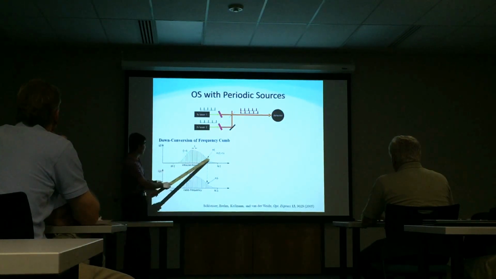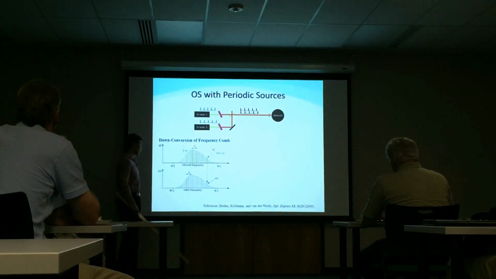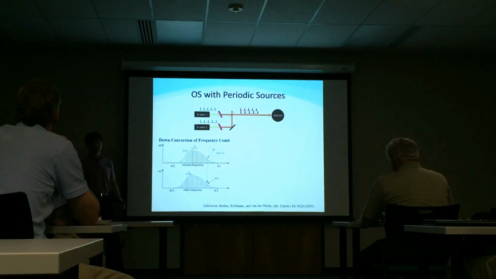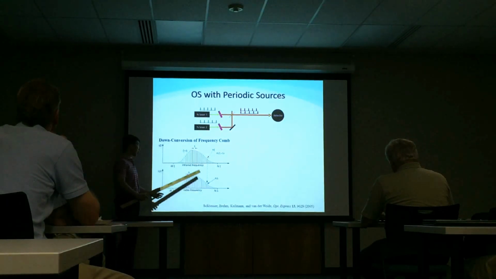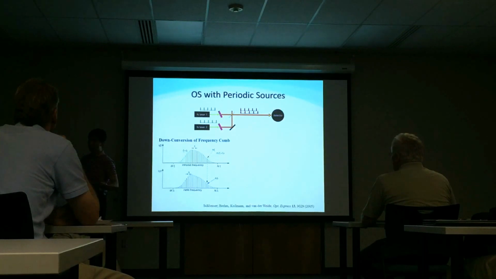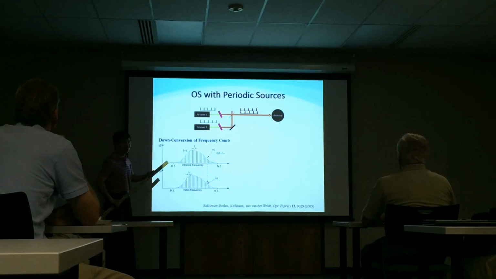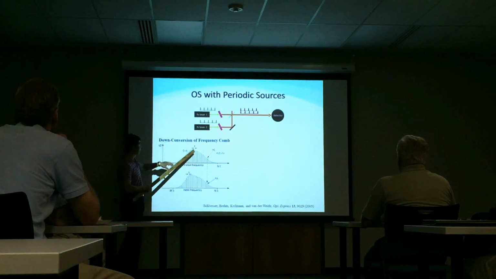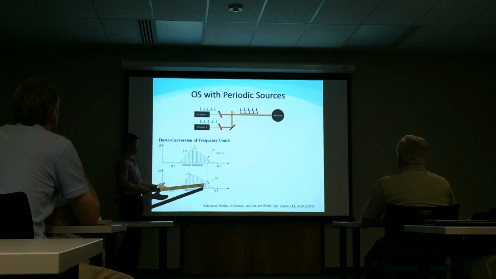So this is optical frequency domain, okay, 10 to the 14 to 15 hertz. Now this is RF, it's like gigahertz, megahertz. Okay? So you down convert that here. So immediately now you can see the potential application of this in spectroscopy, because you basically down convert whatever here, typically hard to probe, into the radio frequency.